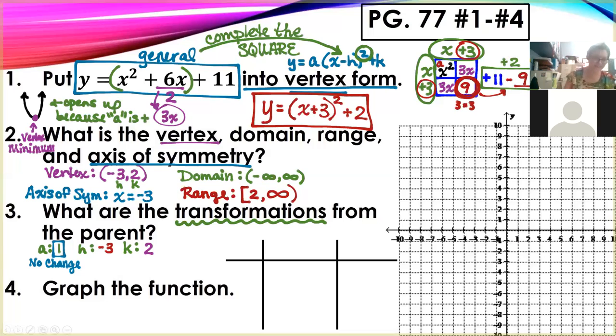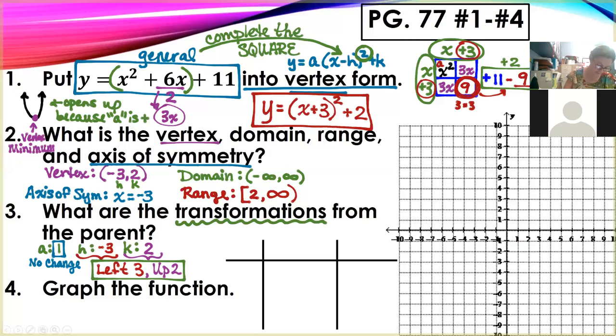And then in the chat, I see that Axel has already put in that this H value of -3 is going to send my graph to the left 3. And then the K value of +2 is going to send the graph up 2. That's what I'm looking for anytime you see describe the transformations or what are the transformations.